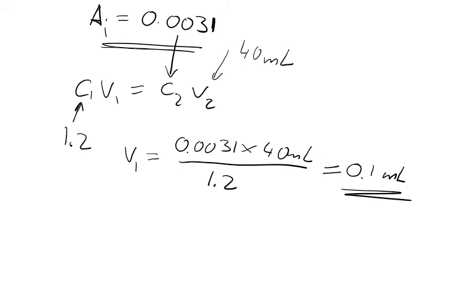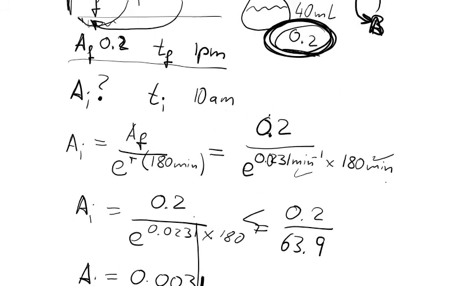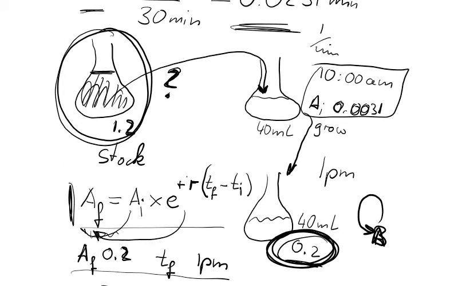So, at 10 o'clock, you need 0.1 milliliter of your stock, of your starter culture, put into these 40 milliliters, so that when they grow at 1 o'clock, you have your concentration, your absorbance at 0.2. Does that make sense, how we untangled this question?